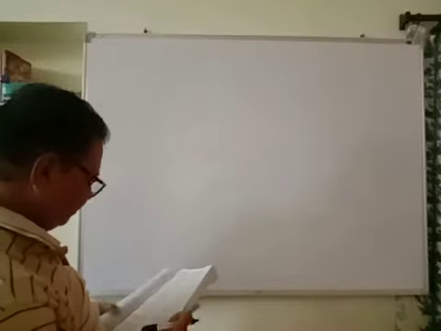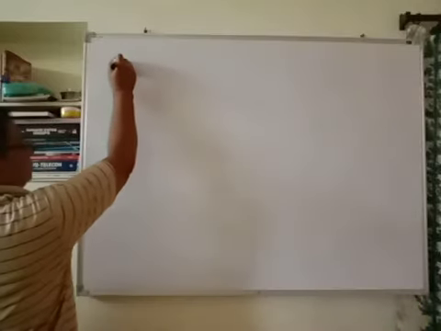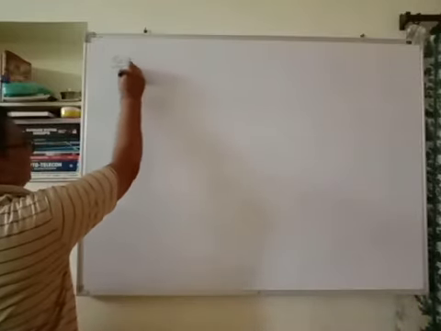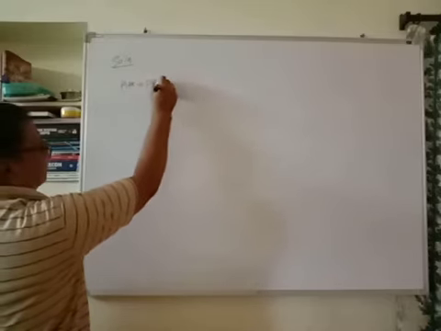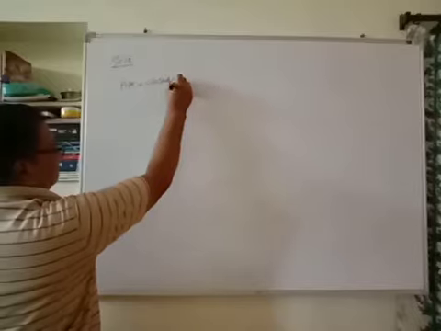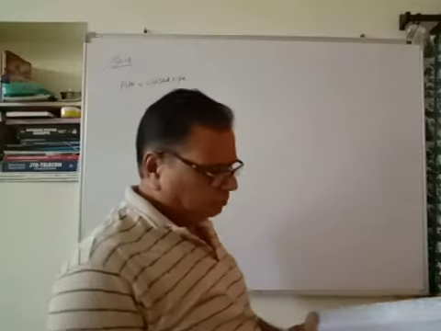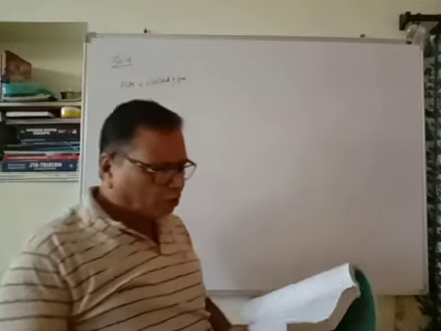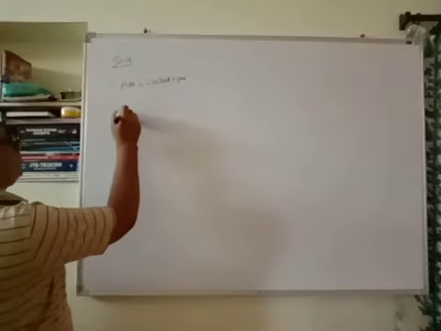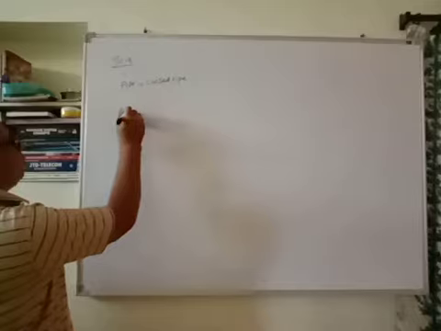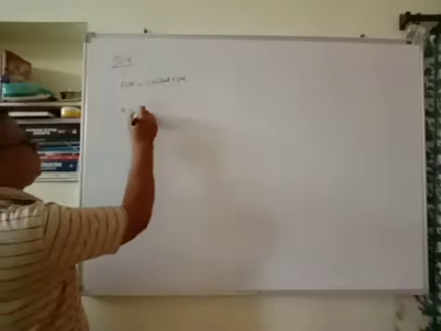Problem number 15. A pipe closed at one end. Solution. You have to remember which type of pipe: closed pipe. A pipe closed at one end can produce overtones at frequencies, say N1 is equal to 640 Hertz.